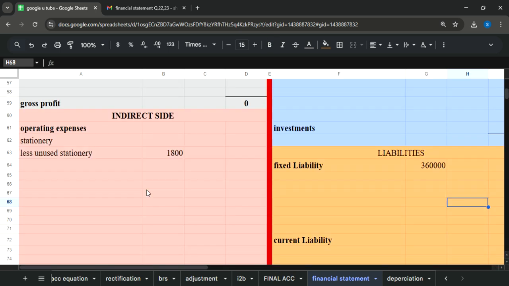So we'll go to operating expenses, and here only new reserve for bad debts would be written. Normally, four elements are part of the bad debt adjustment on the indirect side: first bad debts, then additional bad debts, then we add new reserve, then subtract old reserve. But instead of that, only one item, new reserve, would be written over here.